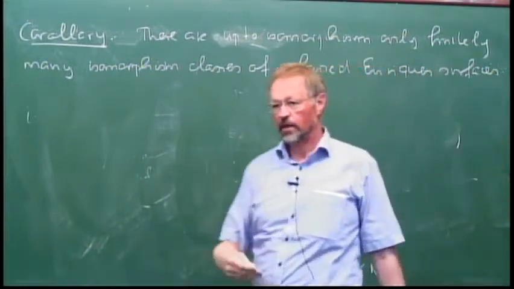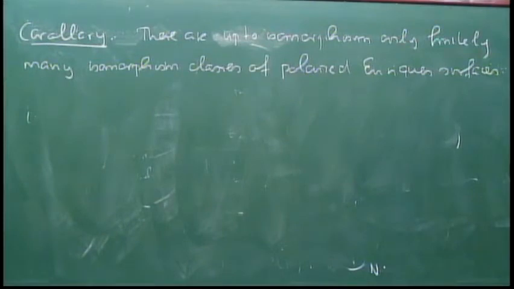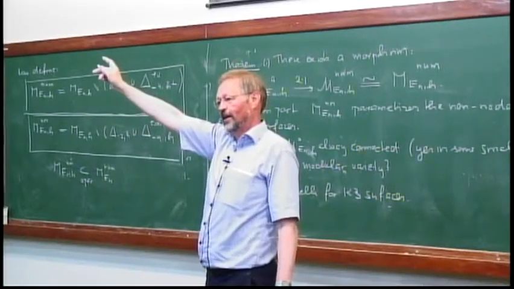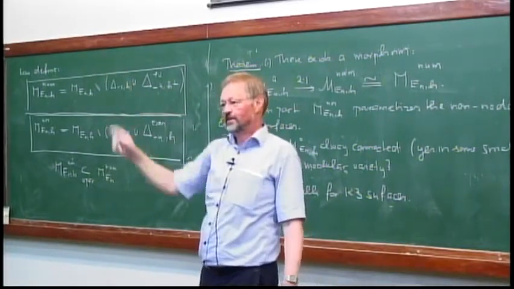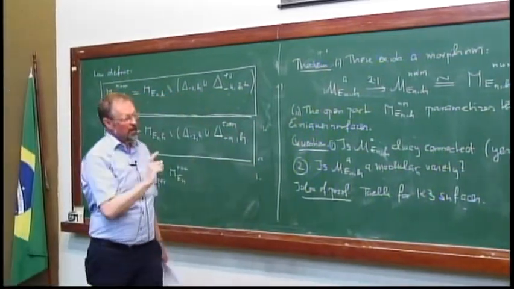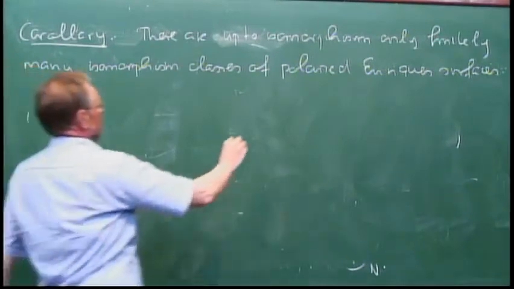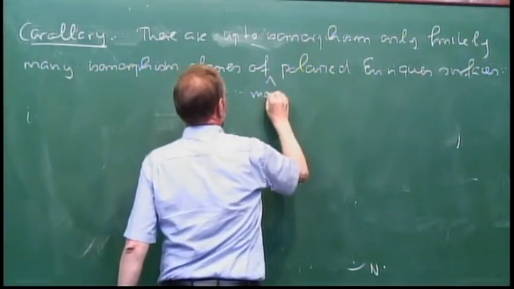If you think of the K3 case, as your degree goes up, you get an infinite series. I'm not sure I can state that they're all different birationally, but I bet they are. There's no reason why they should be related. But here there are definitely only finitely many isomorphism classes of moduli spaces of polarized Enriques surfaces.